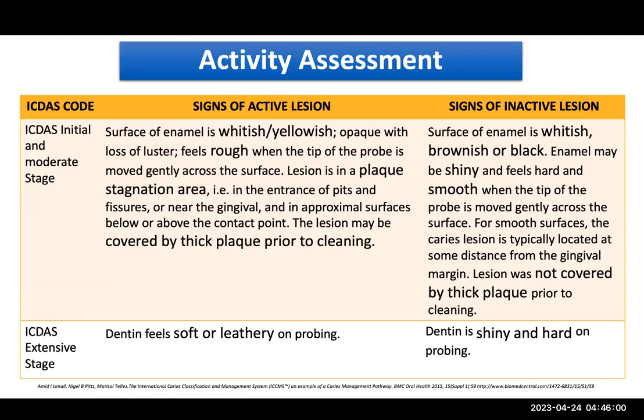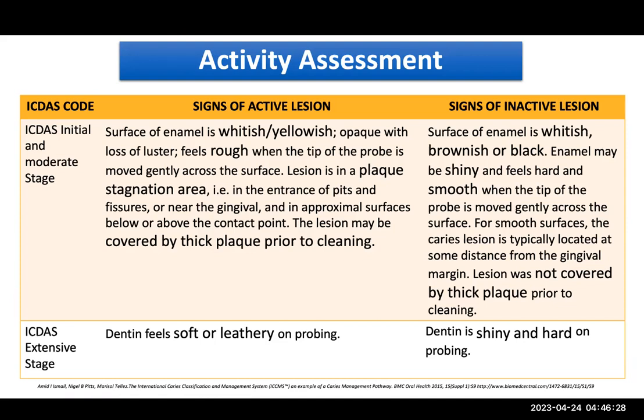Whereas if the surface of the enamel is whitish, brownish, or black, the enamel may be shining, and feels hard and smooth when the tip of the probe is moved gently across the surface. This lesion is typically located at some distance from the gingival margin, and the lesion is not covered by thick plaque prior to cleaning, then it is an inactive lesion.